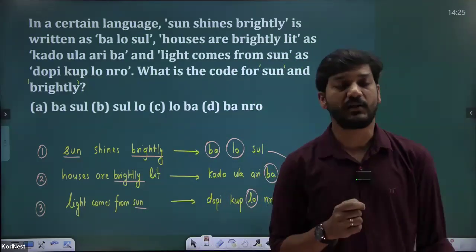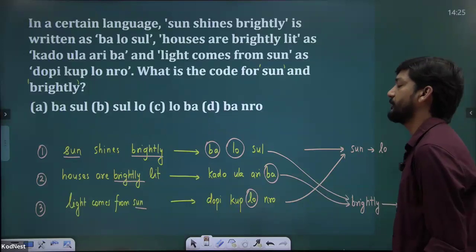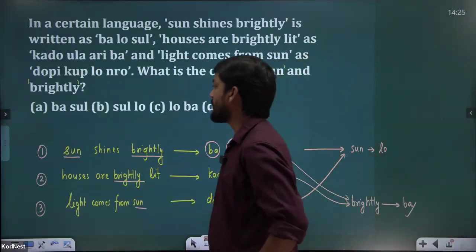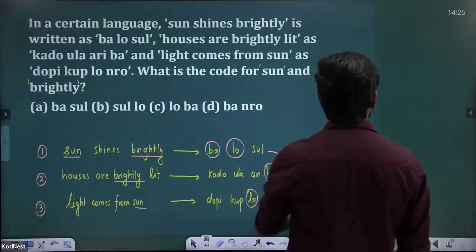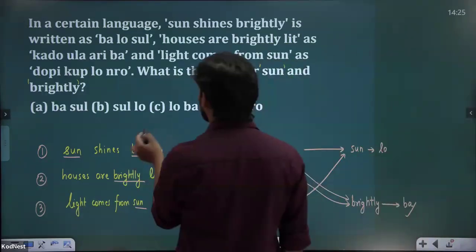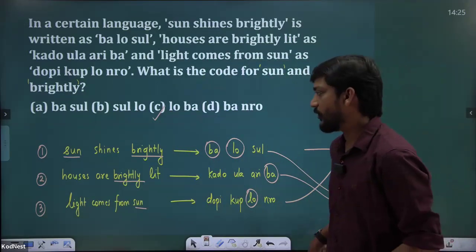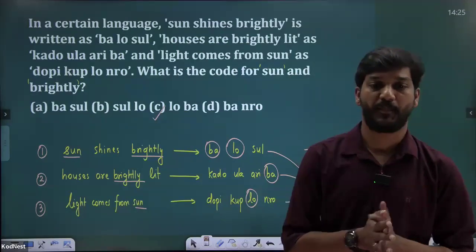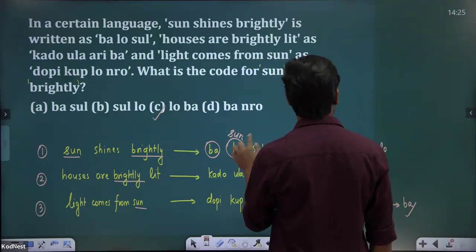If I ask you, what is the translation of shines? Sun brightly. Sun is low, brightly is ba. Low ba. What is the translation of shines? So, my dear, this is the translation of sun, right?